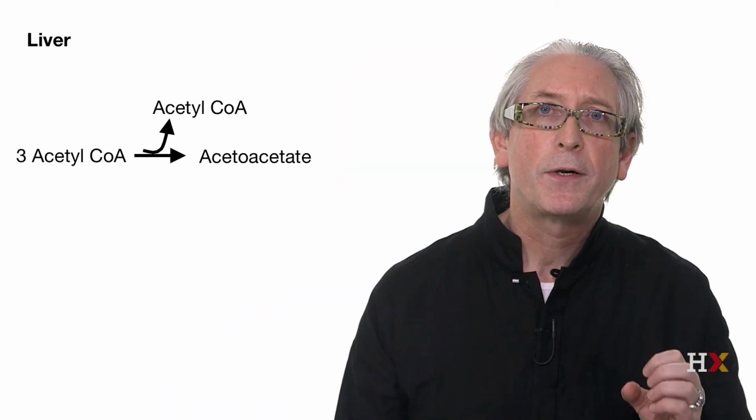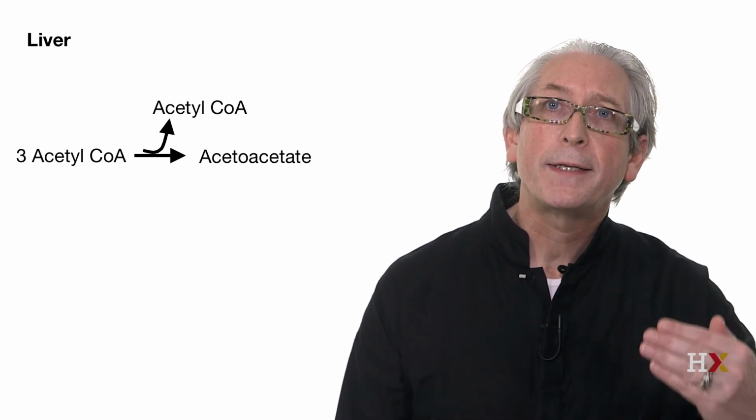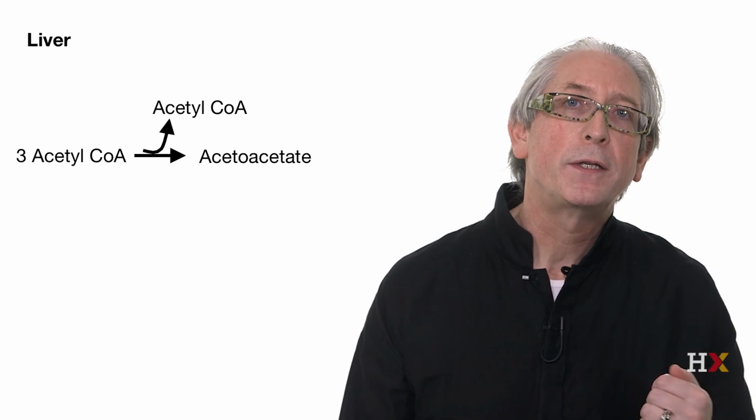Where and how are ketone bodies formed? The liver is the main source of ketone body synthesis, and this synthesis takes place in mitochondria. 3 molecules of acetyl coenzyme A react to form the ketone acetoacetate and regenerate 1 acetyl coenzyme A that can be used again to make more ketone bodies.